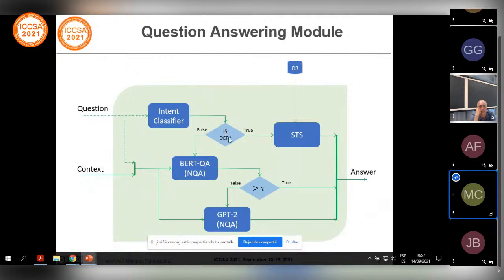In case it is not a definition, it will enter together with the context into a BERT model, which is a transformer network that was pre-trained with a database for question answering. In addition to the answer, this model provides a score of how good it considers the answer. If this is greater than an empirically defined threshold, we will accept it as the answer. Otherwise, it will pass to the generative GPT-2 model. We'd leave it for the end, since in many cases it has achieved accurate answers to open questions.